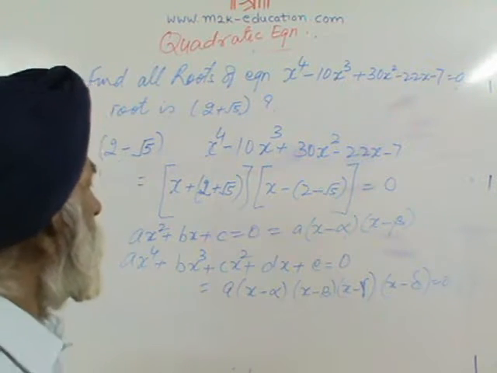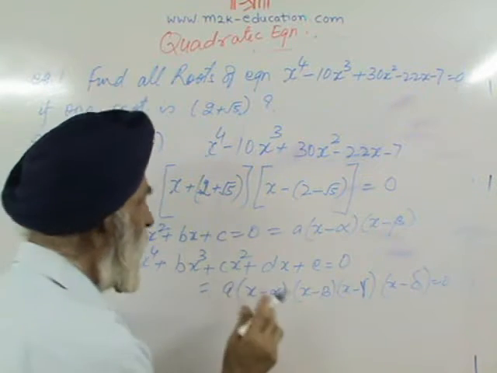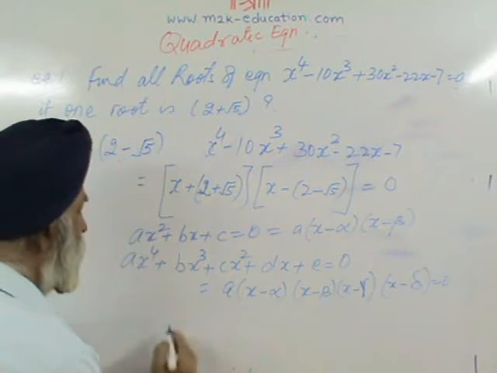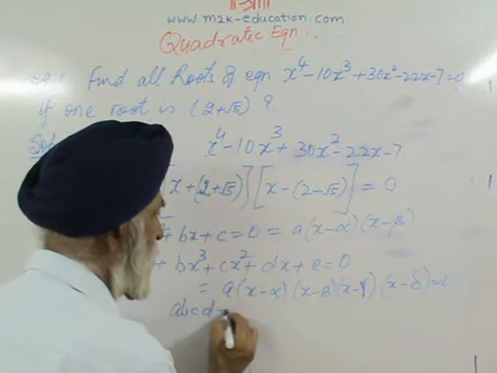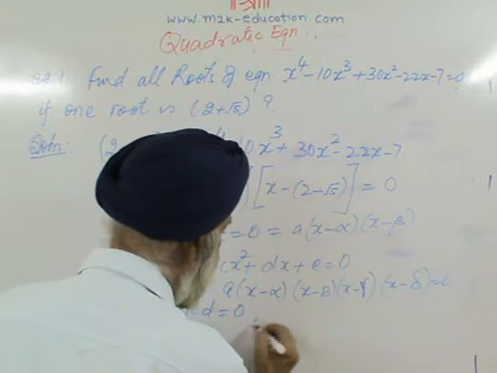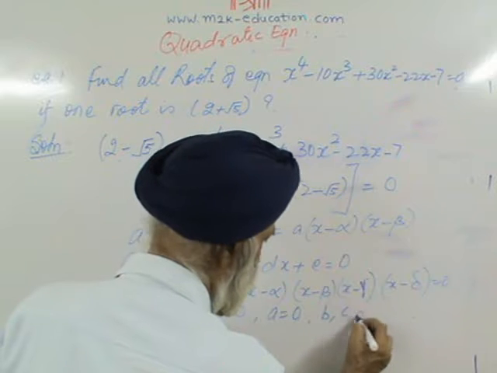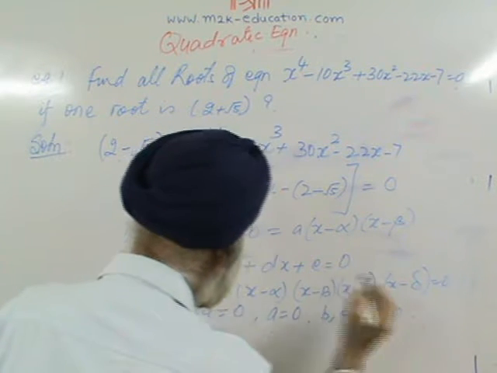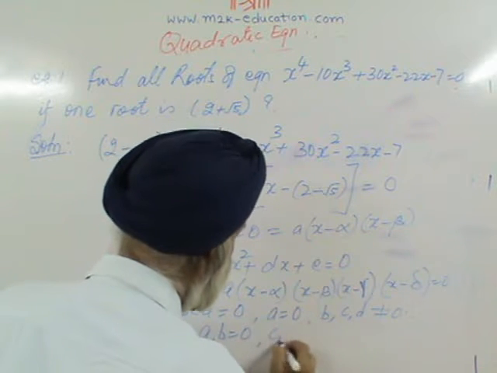Okay? So taking this equation, you are very well aware that when I write a, b, c, d equal to 0, then the possibilities are a is 0, others may not be 0. A, b is 0, c, d may not be 0.